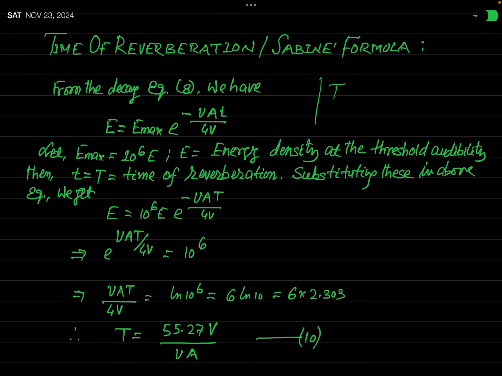If the initial energy density is 10 to the power 6 E0, and the final energy density is E0, which is actually the threshold energy density, then the time taken in falling energy density from 10 to the power 6 E0 to E0 is called the time period of reverberation, capital T. As we have seen, at time t the energy density E is given by E max times exponential raised to the power minus vAt divided by 4V.